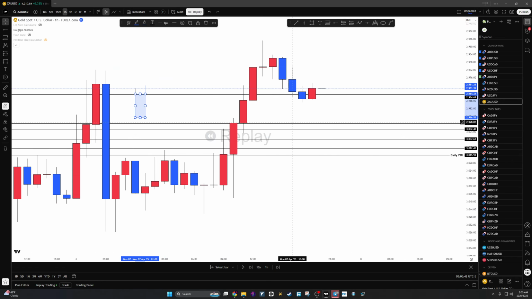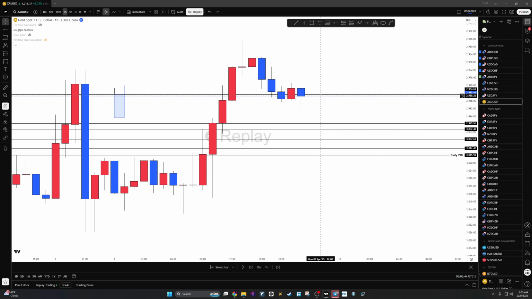So we're looking for buys. We have a closure below this point of interest. You can draw out rectangles for your ranges, but here we don't close below the range, so we're still... This is our range.